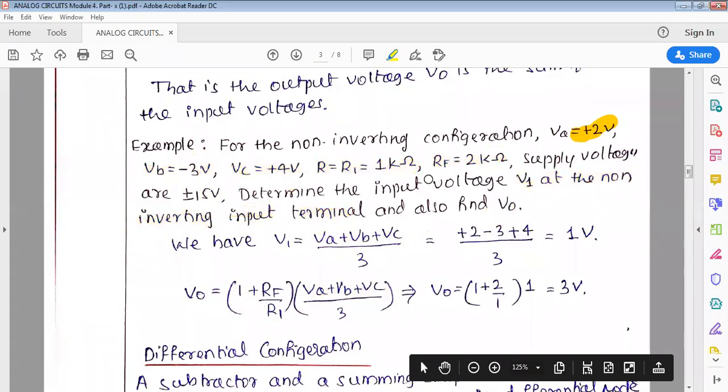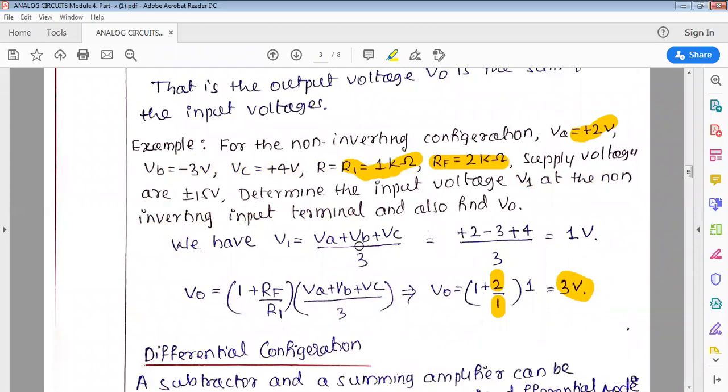RF is 2 kilo ohm, substitute that value, that is 2 here, divided by R1, which is given as 1 kilo ohm, that is 1 here. So it is 1 plus 2 by 1 into 1. That is 2 by 1 will be 2, plus 1 will be 3, 3 into 1, that is 3 volt. So this is how we can solve the example.